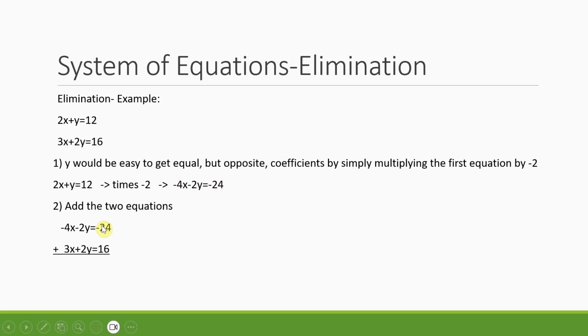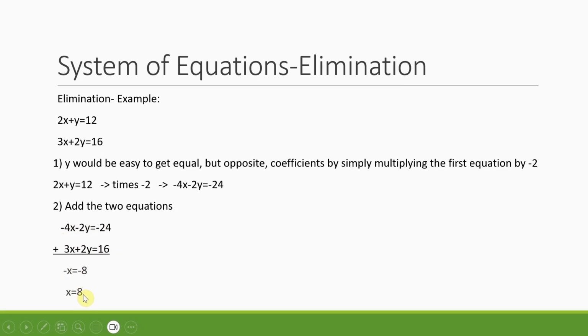So I'll take this here, and then I rewrite the second equation here, and I'm going to add. So I'll just go one at a time here. Negative 4x plus 3x is going to give me negative x. Negative 2y plus 2y gives me 0, so y is eliminated. And then negative 24 plus 16 is going to give me negative 8. So, as I just said, negative x, the 2y is gone, equals negative 8.